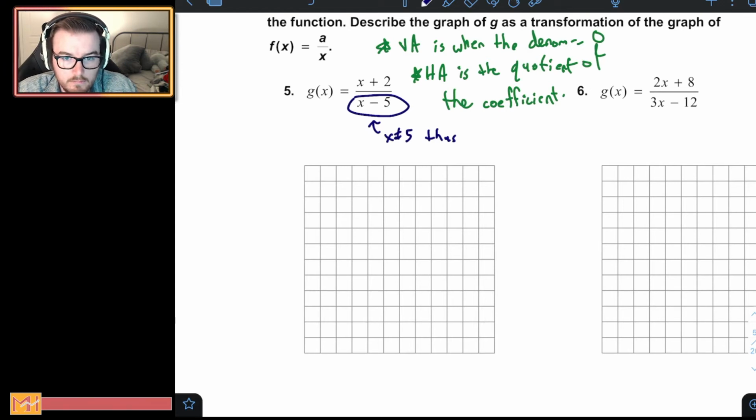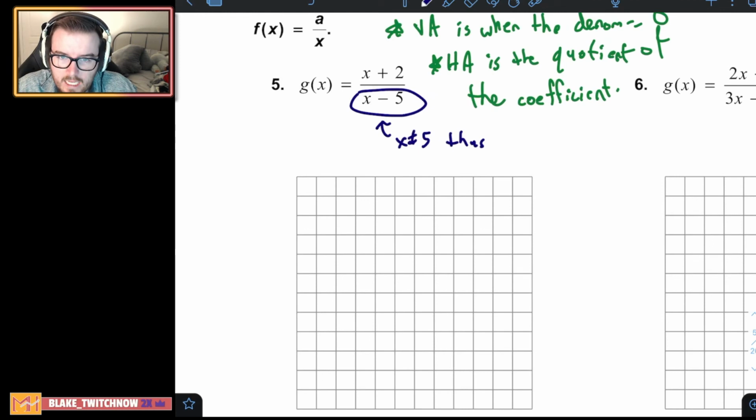Yes, you can memorize it, but truly, why? Because you can't split something 0 ways. That doesn't make any sense. How can I split something into nothing? So you can't divide by 0. Thus, if I can't have 5, there's an asymptote at x equals 5.